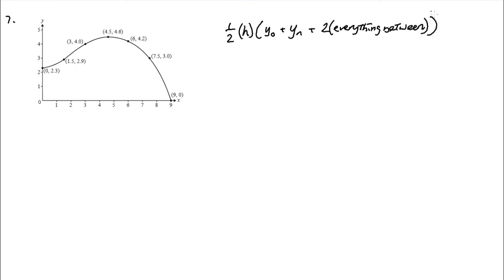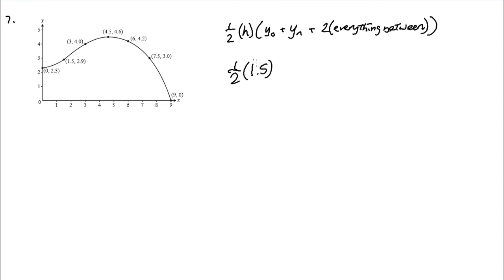And that equation is given in the purple booklet, and you can just look it up if you want, or you can remember it. It's way faster if you do. So half of h is, because you're doing 6 strips for 0 to 9, that would be 1.5 per strip.